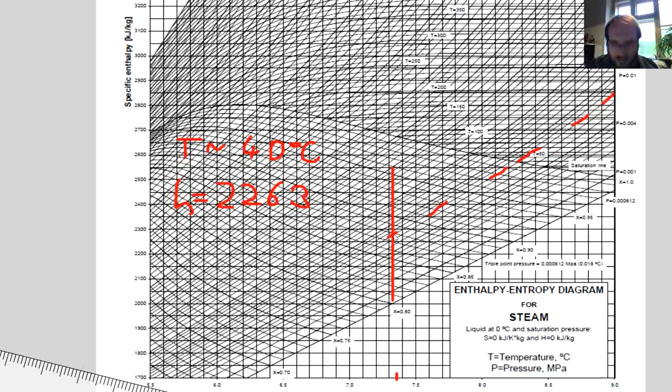From this point, if we follow the respective curve, we can see that the steam quality is approximately 88%. So x equals 0.88.